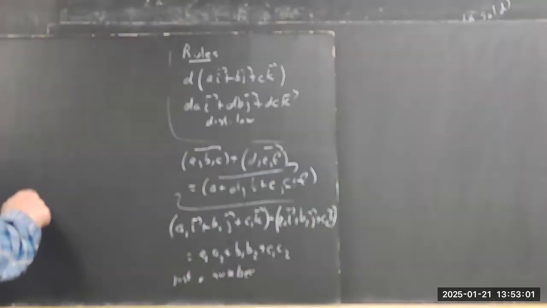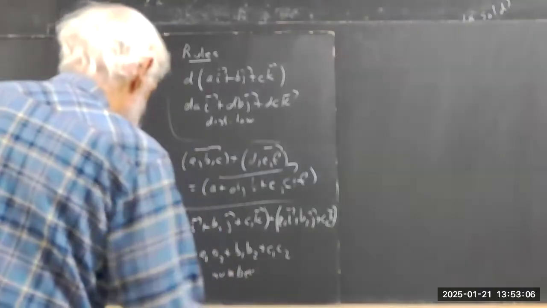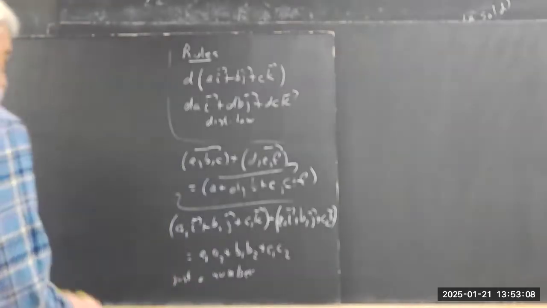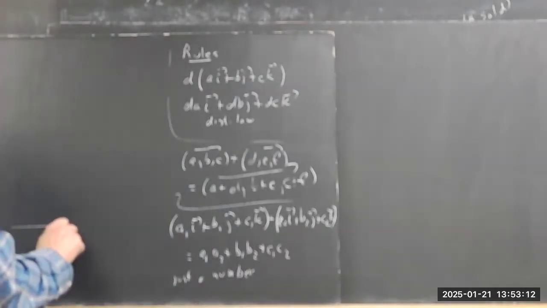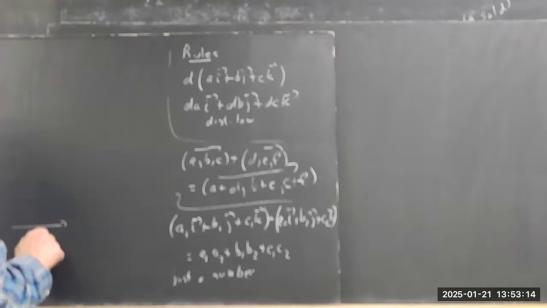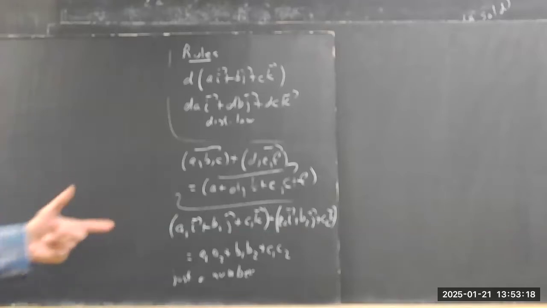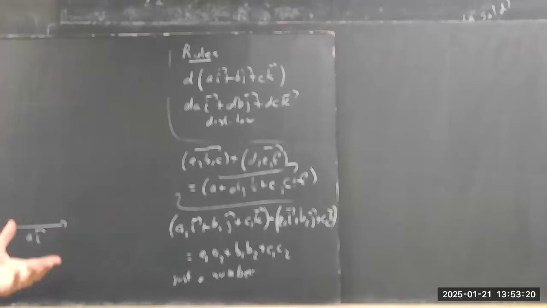Now, draw this in two dimensions. Here's AI. This is some multiple of your I vector, your vector in the positive X direction. So here you've got an X and Y axis.